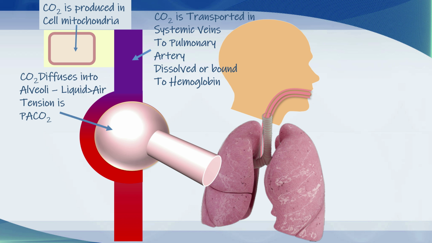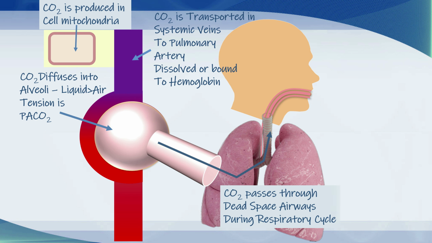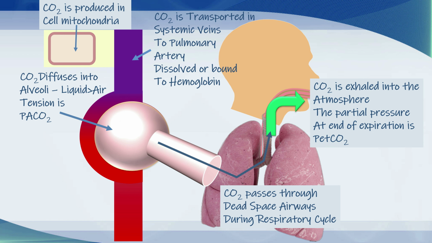So CO2 diffuses across this liquid air interface, and the tension within the alveoli is the alveolar CO2 tension, the P large A CO2. Then of course the CO2 passes through the dead space airways and all the way out through the mouth and into the atmosphere, where it's exhaled, and there is a partial pressure gradient all along that way, but of course it does need to be projected outwards by tidal exhalation.